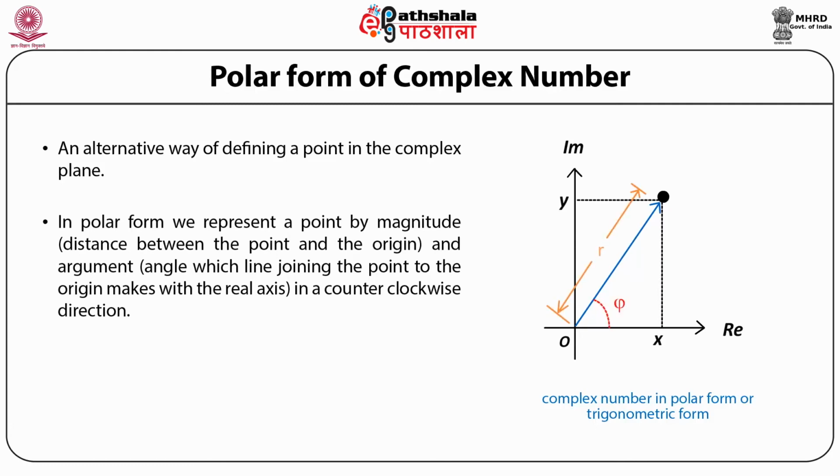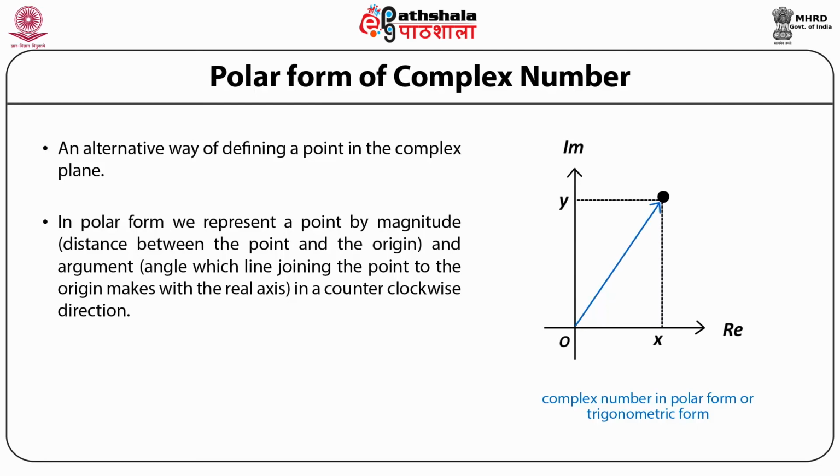In polar form, we represent a point or value in the complex system by magnitude, that is the distance between the point and the origin, and an argument. This is a key word in complex numbers. We say argument. What is argument? That is just the angle with respect to the real axis.